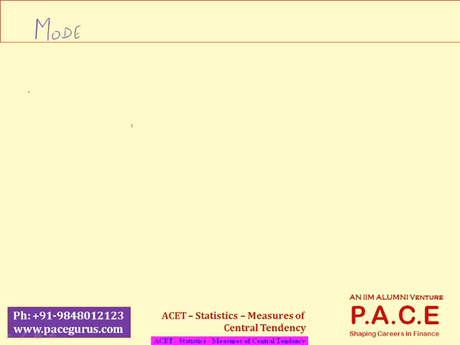The way the mode defines the centeredness of the data is nothing but the most frequent value. In any data, the value that is occurring with the highest frequency is what is called a mode.